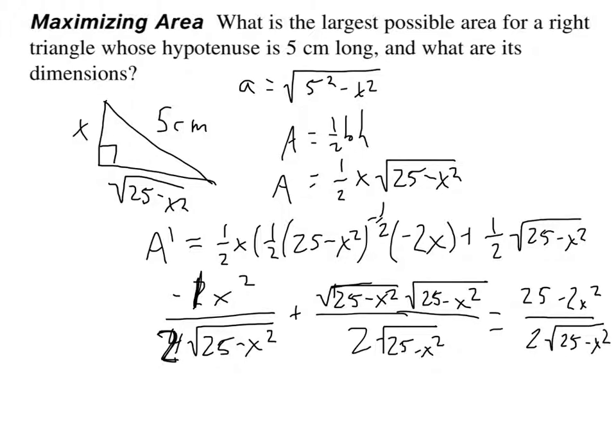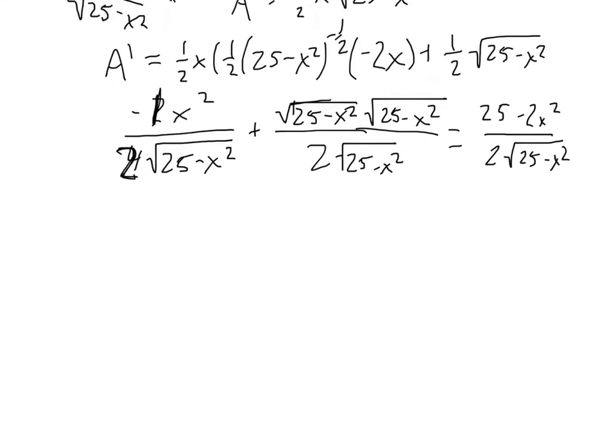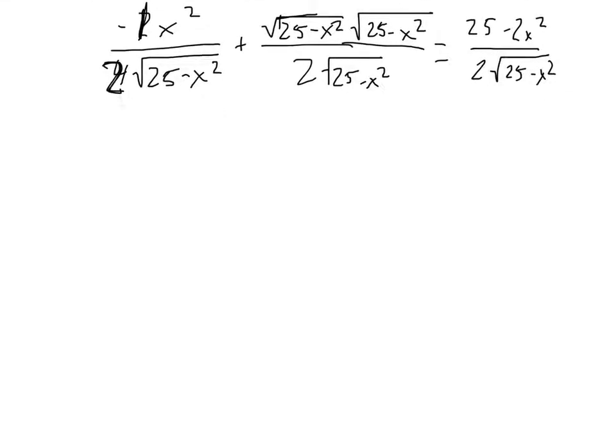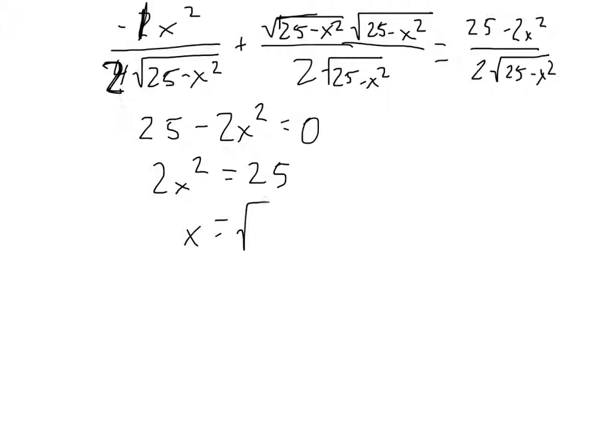So if that's the derivative, I now want to make this derivative equal to 0, so that's where the numerator would be equal to 0. So really all I'm trying to do is set 25 minus 2x squared equal to 0, so that would be 2x squared equals 25, or x equals the square root of, excuse me, 25 over 2.